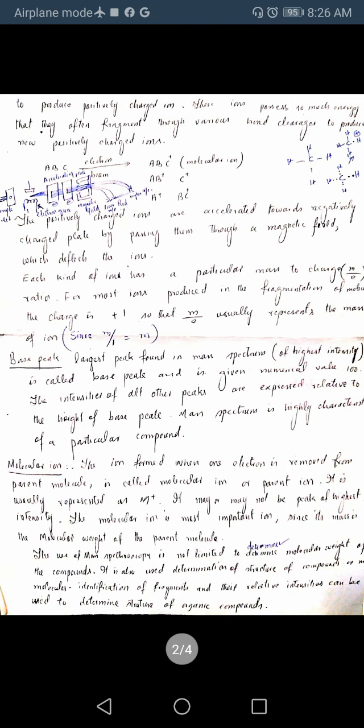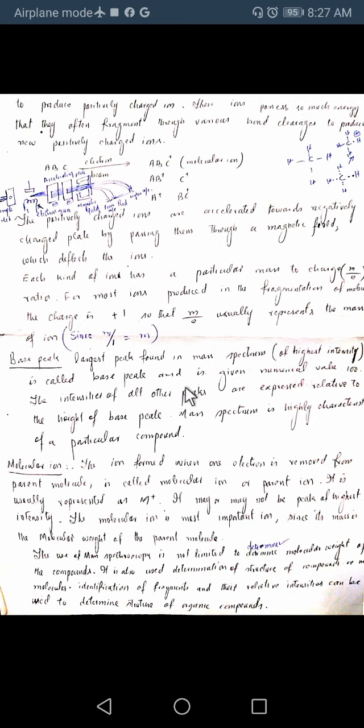In it, organic molecules are first vaporized, changed into vapors, and are bombarded with a beam of very high energy electrons. Now when electrons collide with the molecules of the sample, what happens?